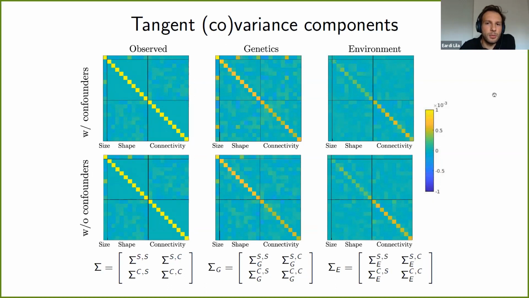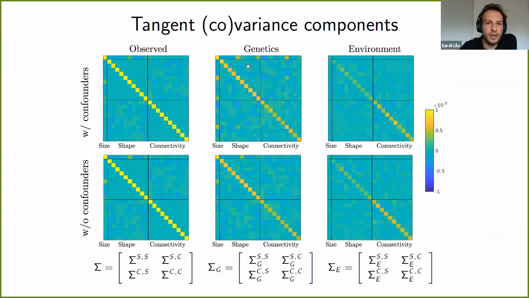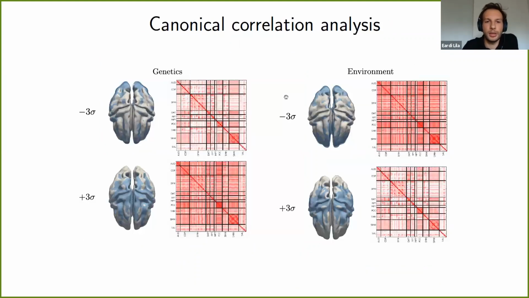But as I promised you, these are not just descriptors of shape and connectivity, but are descriptors that we can map back into the space of shape and into the space of connectivity, thanks to those exponential Riemannian maps, okay? So in actual fact, we can take this connectivity structure and look at what are the most correlated changes in shape and the most correlated changes in connectivity that are due to genetics and environment, okay?